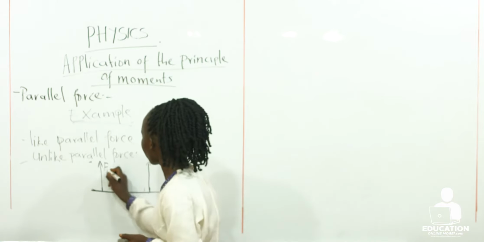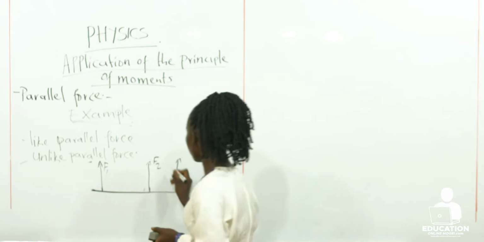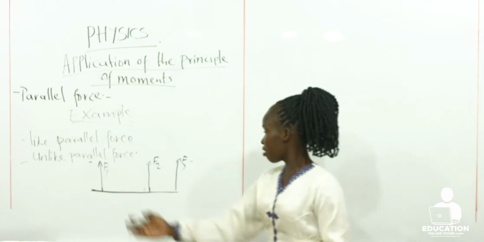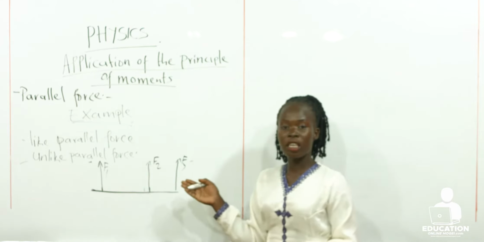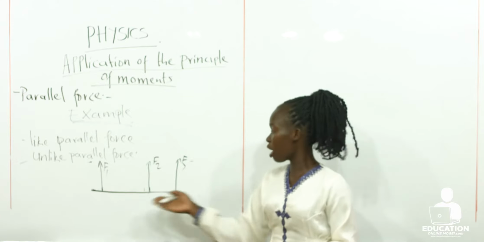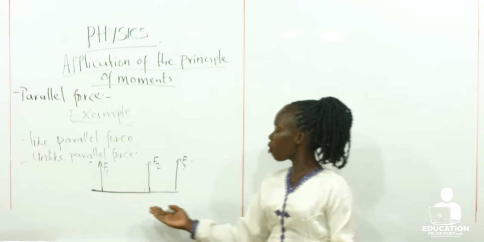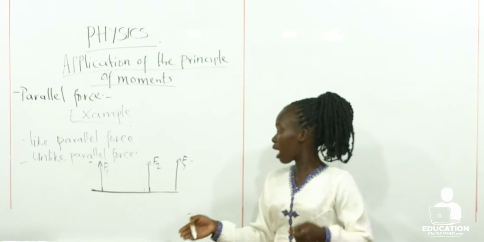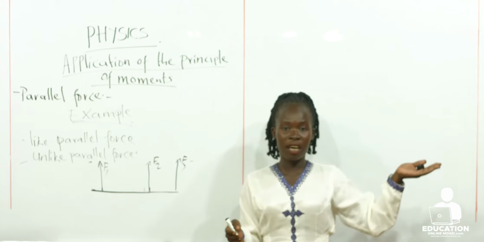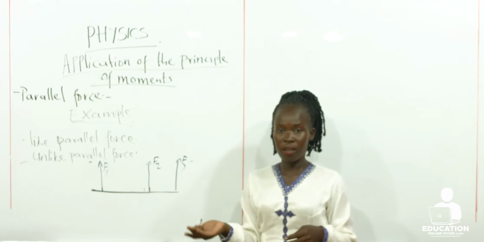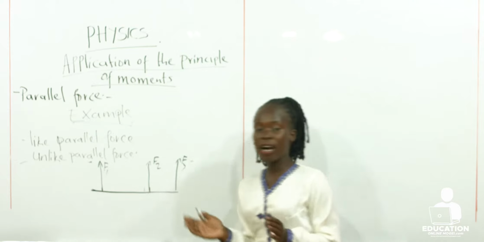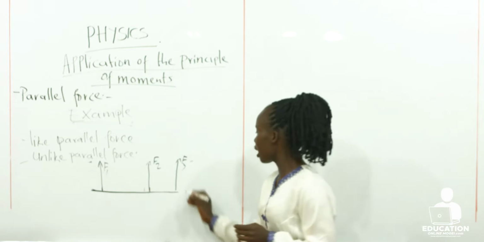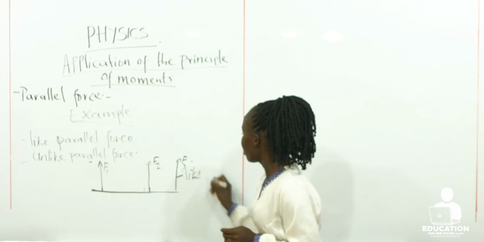We can have this as our force 1, this is force 2, and then force 3. If you look at these forces here, they are all pointing in the same direction, all upwards. Or you can also have them all pointing downward, or all pointing in the eastern direction or the western direction. As long as the forces are moving in the same direction, they become like parallel forces.